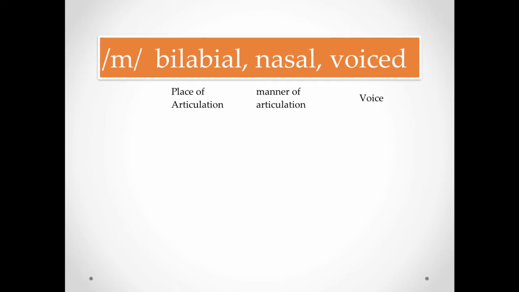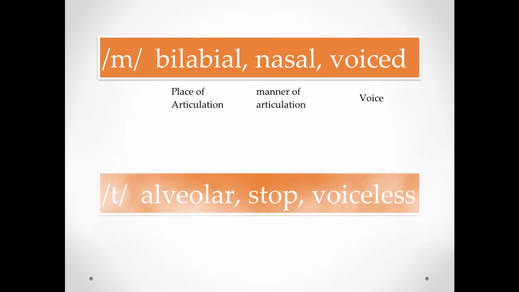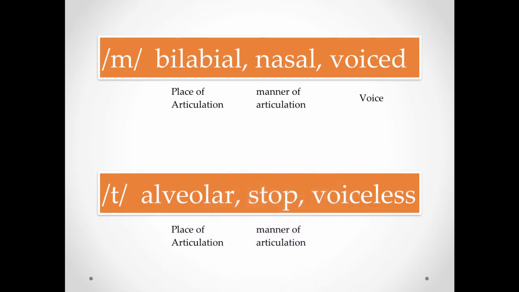It does have voice. What about t? T is an alveolar sound in terms of place of articulation. It's a stop in terms of manner of articulation. And finally, it is voiceless in terms of voice. This is very, very important because sometimes we have students that have approximations of pronunciations.